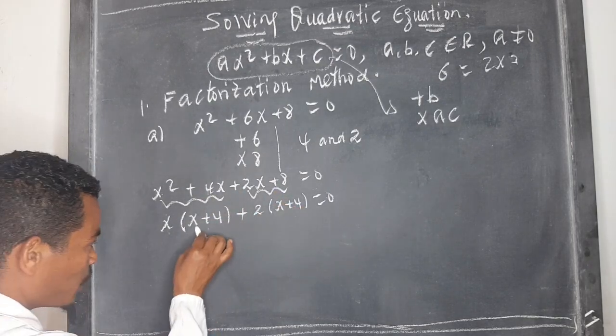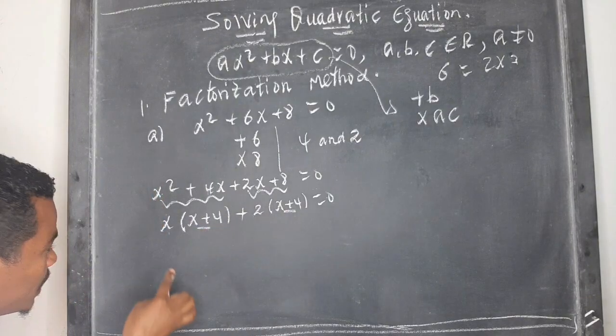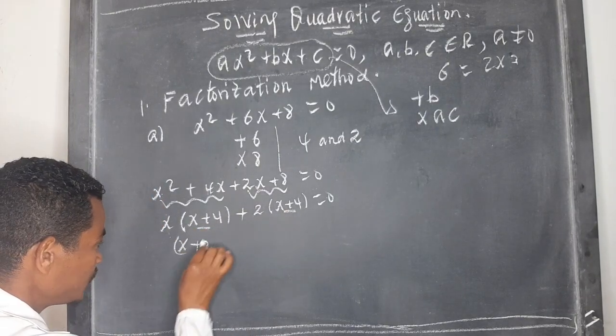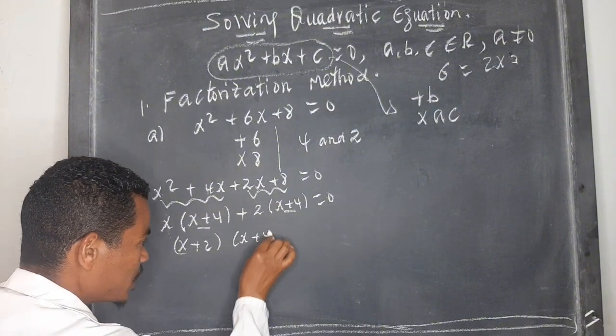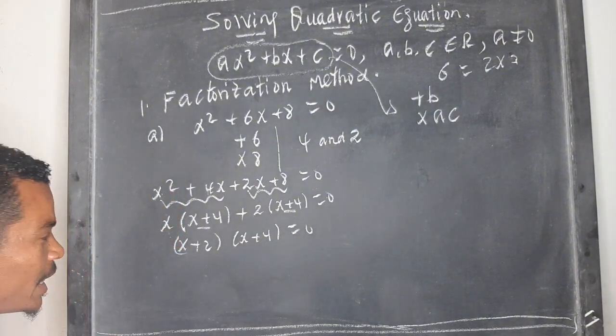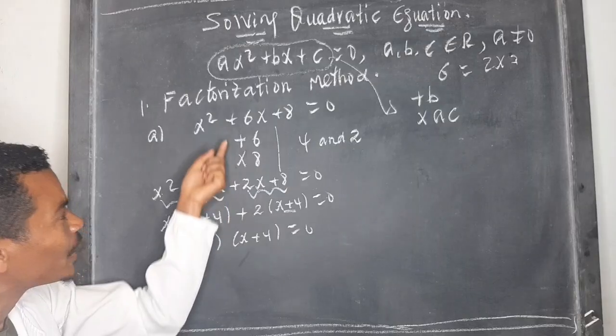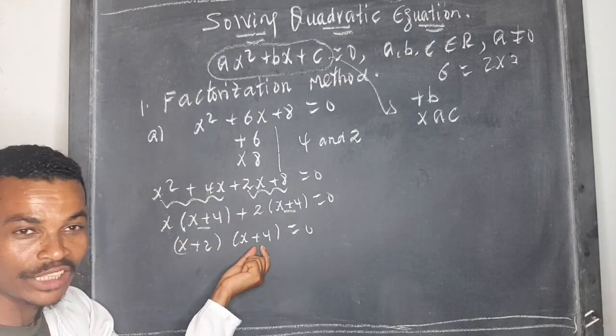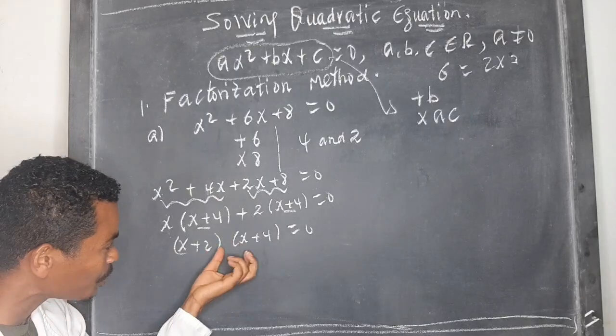So x plus 4 is common, and the remaining constants together give x plus 2, that means x plus 2 times x plus 4 is equal to 0. If we multiply these out, we get the original. This is the factored form, a product of linear terms; we started with a quadratic and have written it as a product of linear forms.